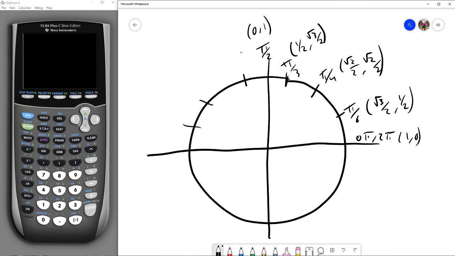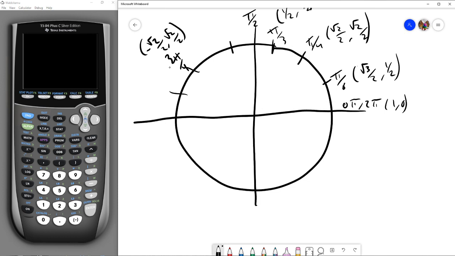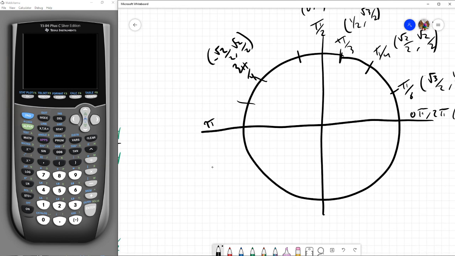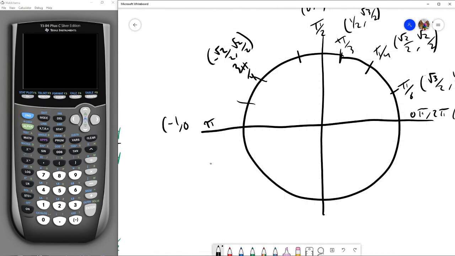You can also think of pi over 2 as 2 pi over 4. Add pi over 4, that gives you your 3 pi over 4. So this is root 2 over 2, root 2 over 2, and that x has to be negative. And if you take 3 pi over 4, add a pi over 4, that brings you to pi right here, which was negative 1, 0.